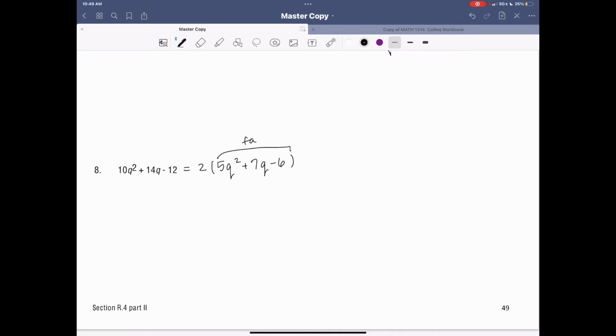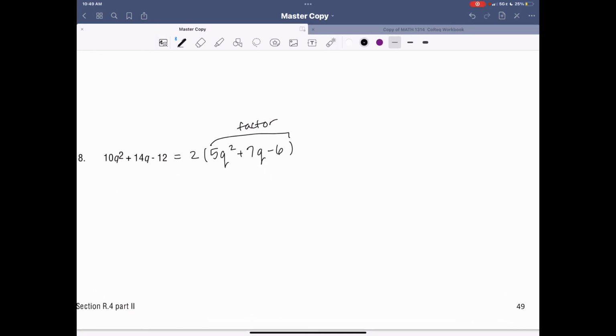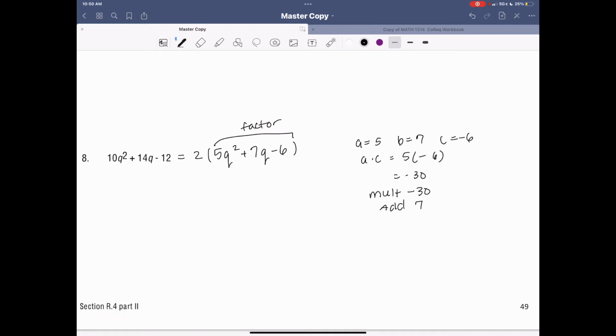So this is almost like when we took out that negative 1. That means my A is going to be 5, my B is going to be 7, my C will equal negative 6, and then I have A times C, which is 5 times negative 6. I get negative 30. So I want to multiply to get negative 30, and I want to add to get 7.